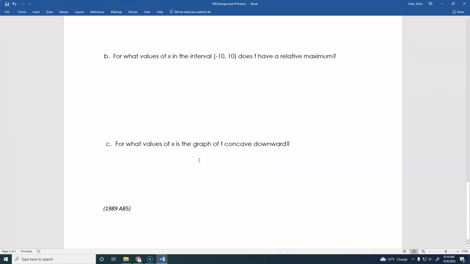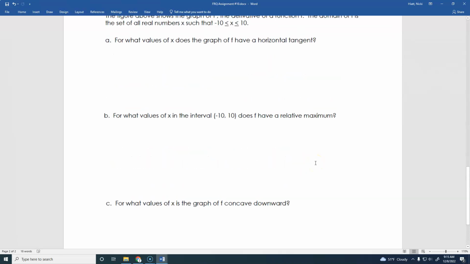You have to say it's concave down because the first derivative is, what would the first derivative be doing? Decreasing, right? Because although it is also true that the second derivative is negative, you have to show how you know that, right? So, you can just say f prime is decreasing. You don't have to talk about second derivative at all. If you do, it's fine, but it has to also include first derivative for that.